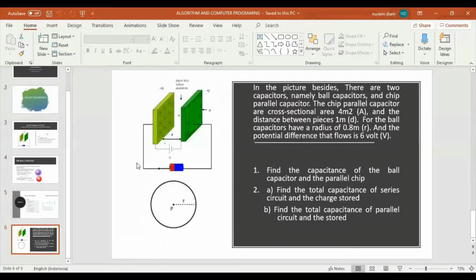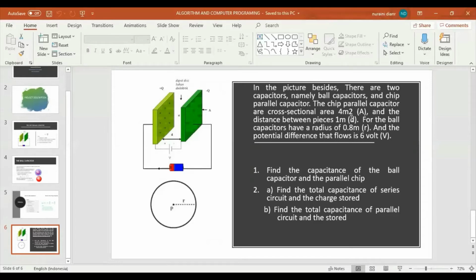And then we move to my problem here. There are two features here. This is the chip parallel capacitor, and this is the ball capacitor.